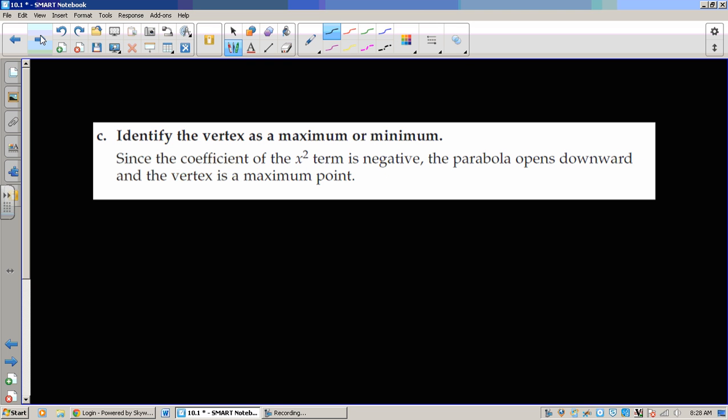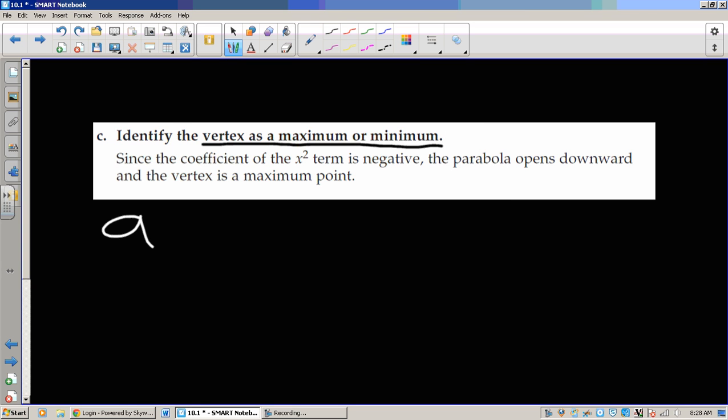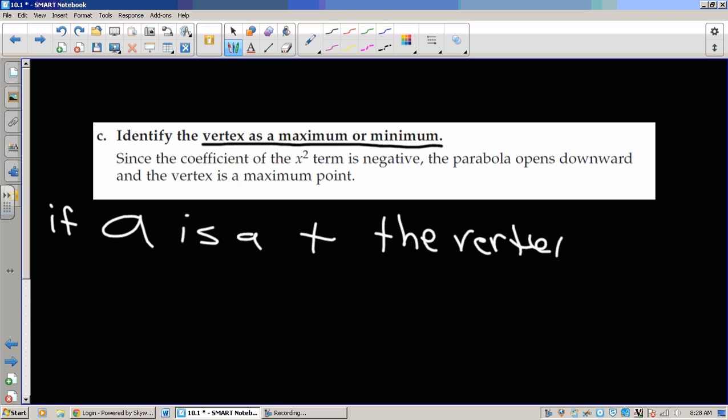The third thing we can do with that graph is identify the vertex as a maximum or minimum. If A is positive, the vertex is a minimum.